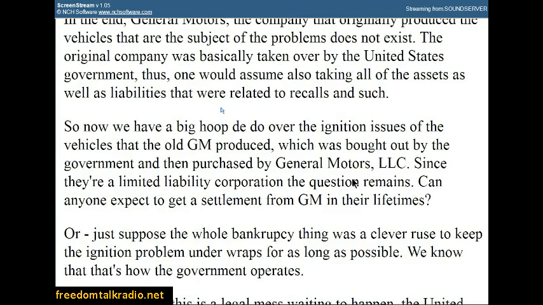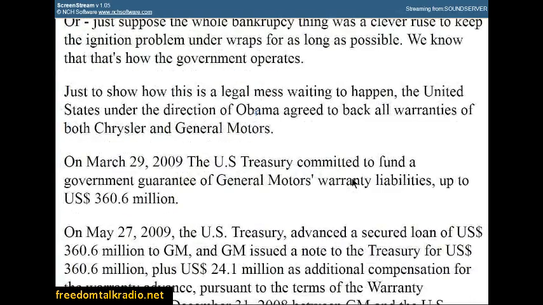Just suppose this whole bankruptcy thing was a clever ruse to keep the ignition problem under wraps for as long as possible. Now, we all know this is how the government operates. And the old General Motors was a big, clunky corporation that was under the thumb of the government at the time. And just to show that this is a legal mess waiting to happen, the United States, under the direction of Barack Obama, agreed to back all warranties of both Chrysler and General Motors. Pardon me.